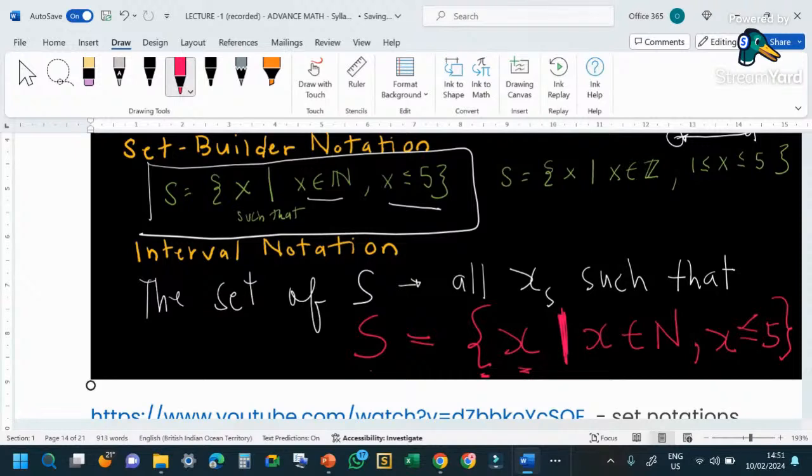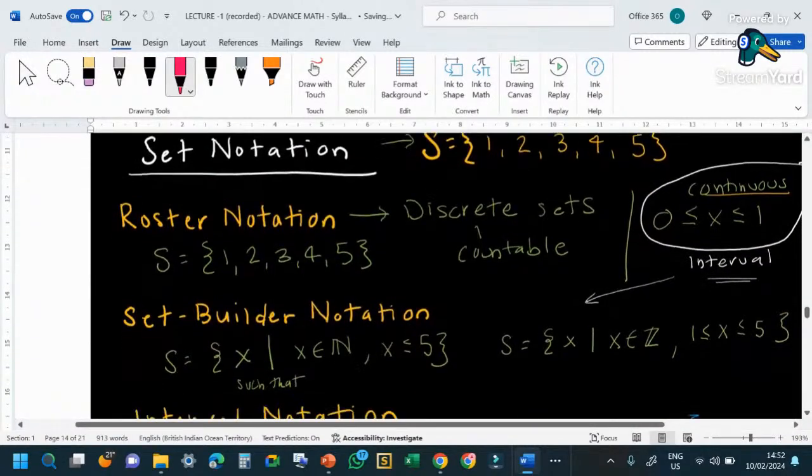So these are counting numbers. So it will be from 1 up to 5, the natural numbers, 1 to 5, because it says here less than or equal to. Greater or equal to 5 will be 5 up. Less than or equal to 5, that will be 5 and down. All right, so those are the notations.